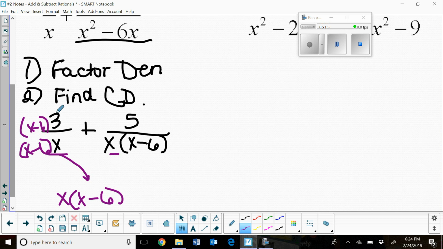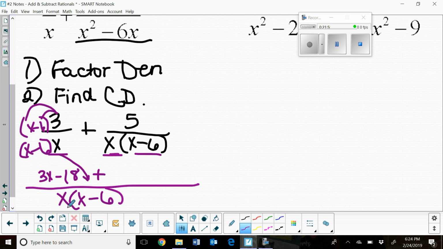And remember, we need to distribute this in. So, cleaning this up a little bit, my first term becomes 3x minus 18. Plus, now let's look at the second term. I factored, both of these factors are in my denominator, so I don't need to do anything. I don't have to multiply the second term at all. So I'm just going to bring down my plus 5.